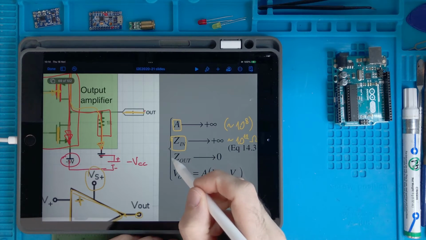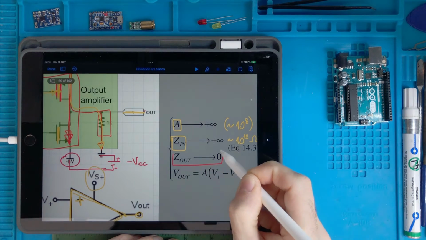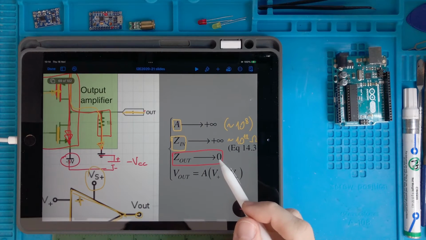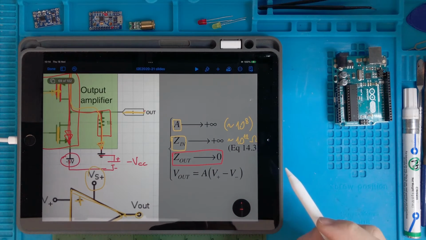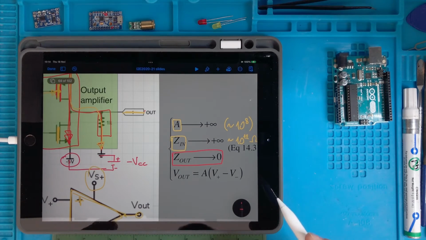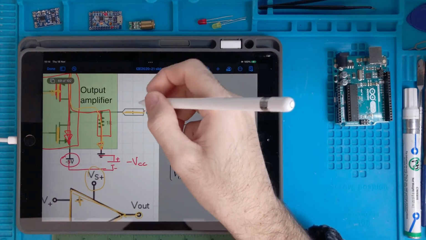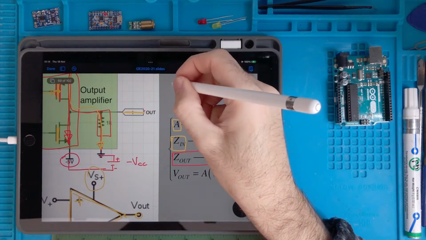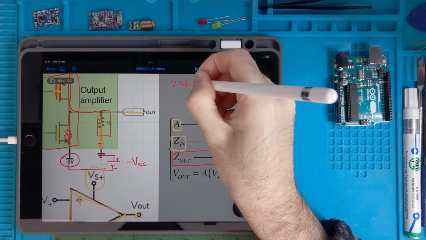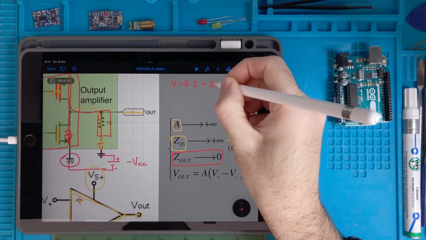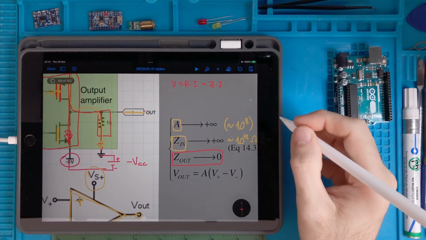One thing we can desire is to have the output impedance of this device approaching zero. It's not zero, of course. So zero means that if we consider Ohm's law, V equals R multiplied by I, let's write it Z multiplied by I.